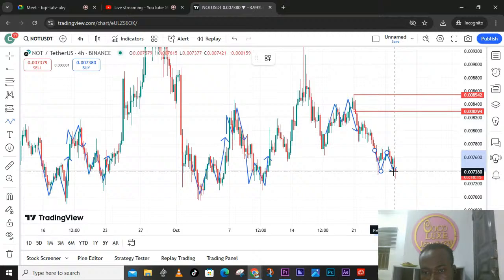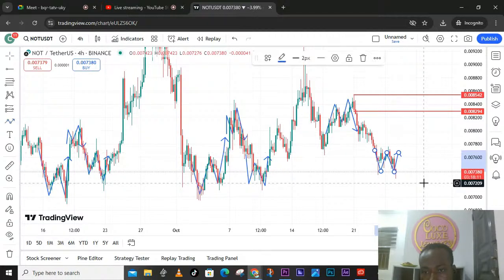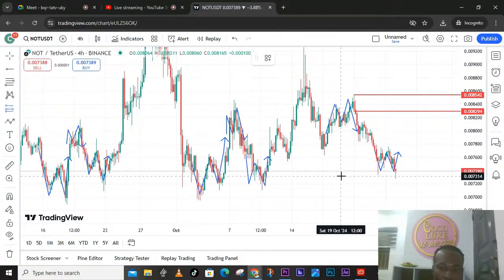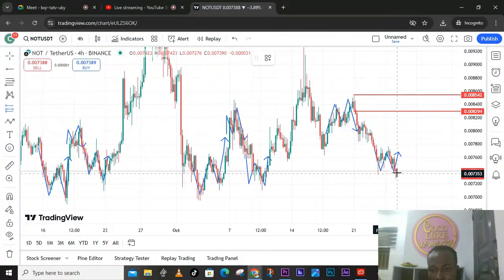That's the possibility of it coming back up. Because of this W, we can place a buy trade from here, because we are looking at it to come back up. You can come here and place a buy trade like this.